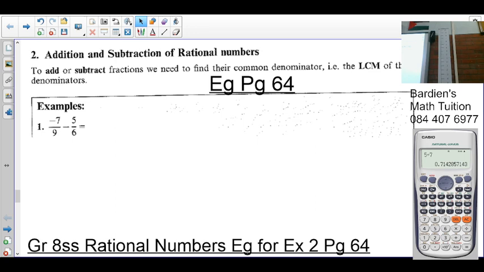In the first term, we spoke extensively about finding the LCM when we did the BODMAS fractions. So to add or subtract fractions, we need to find the common denominator, i.e. the LCM of the denominators. Okay. So as we did before, we're going to continue doing.